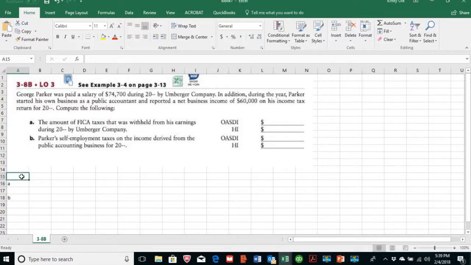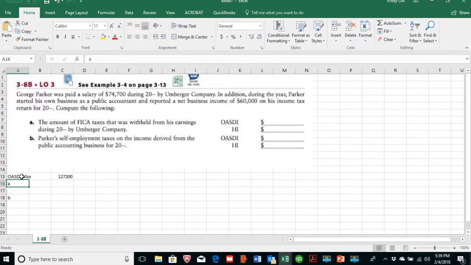So we know that there is an OASDI max of 127,200. So here they want us to look at what was withheld from his earnings from his company. So these are amounts that he doesn't get to direct. He does not get to say, only take this much because I also have self-employment income.